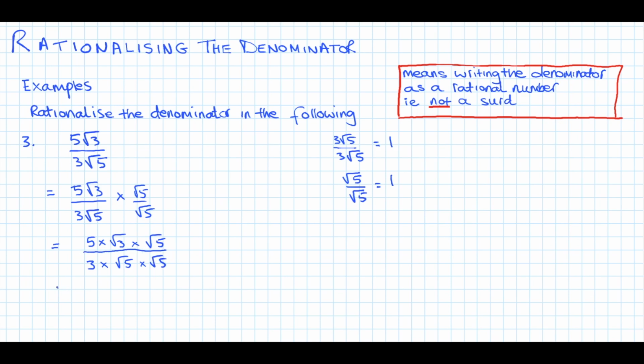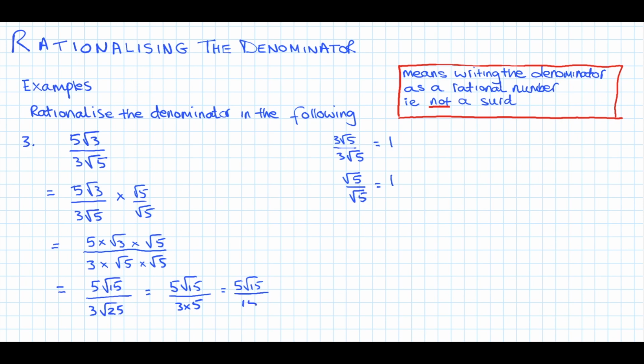So that's equal to 5 root 15 over 3 times root 25. So that would be 5 root 15 over 3 times 5.